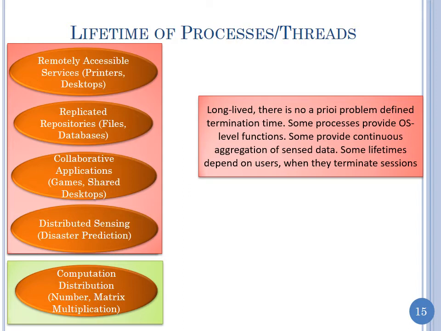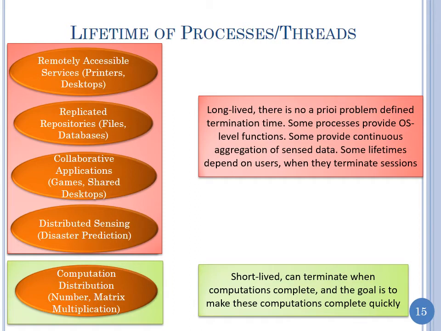Replicated repositories, again, you want the servers that are storing your data to be around, the longer the better. Collaborative applications, well, that depends on the user, but there is no problem-specific lifetime. And if you're sensing, as long as the sensor is around, you're trying to keep the application persist. Whereas in the other case, you can terminate after each computation.